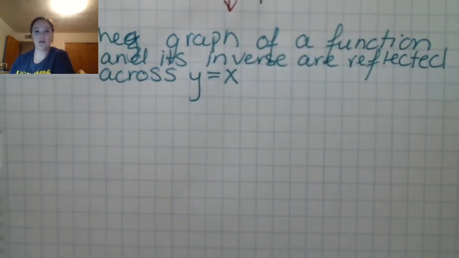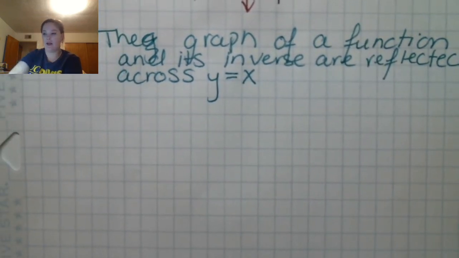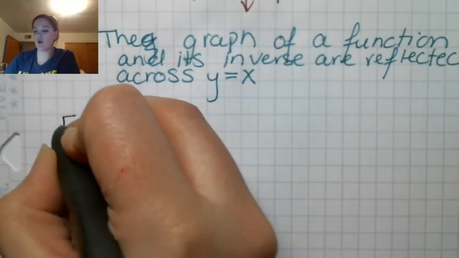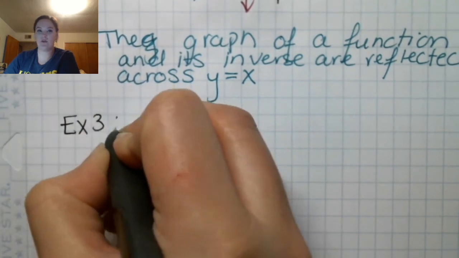Okay, so let's look at an example where we have the graph of the original function f of x, and we're trying to show the graph of its inverse function.